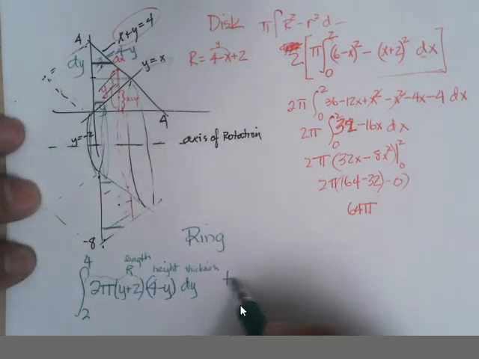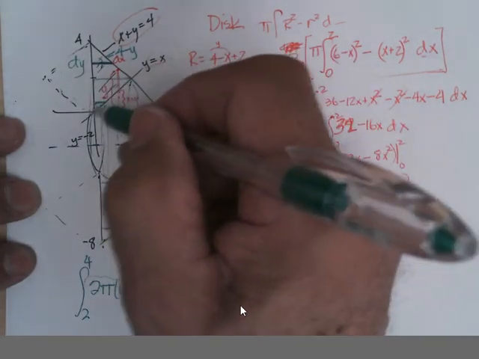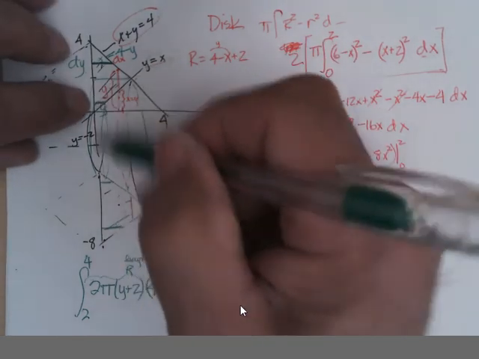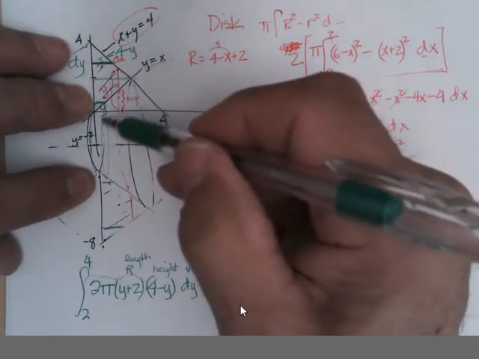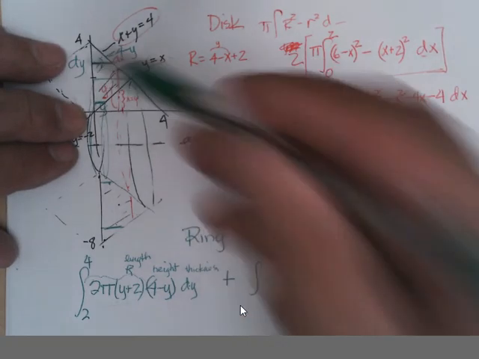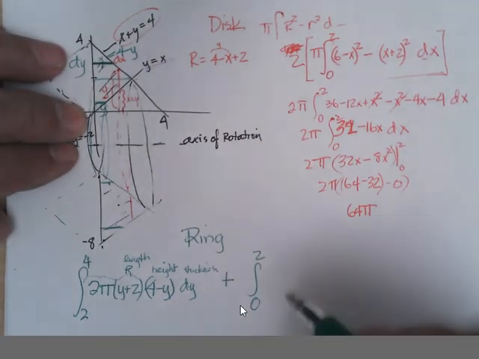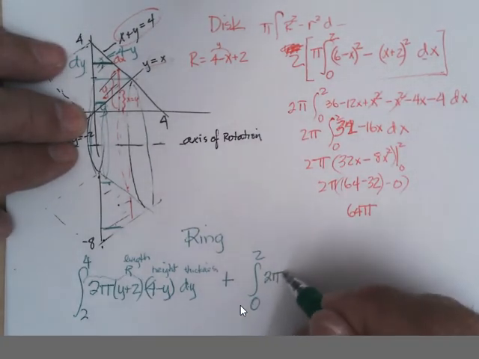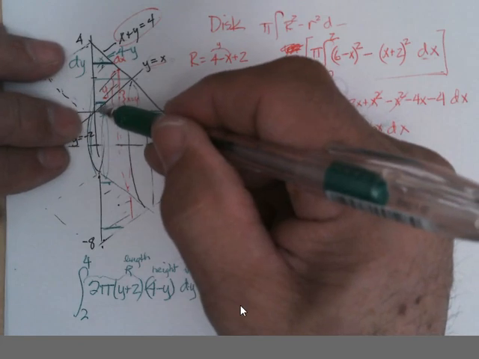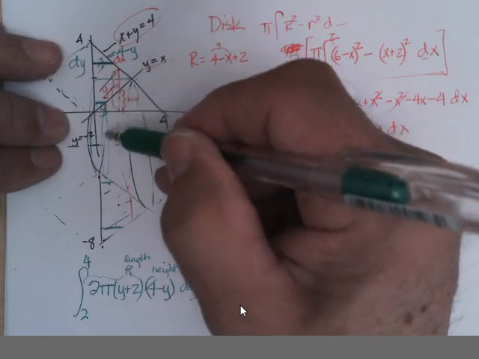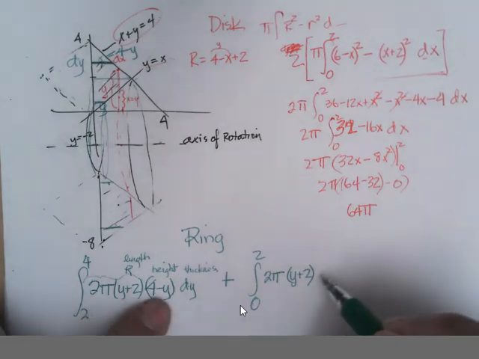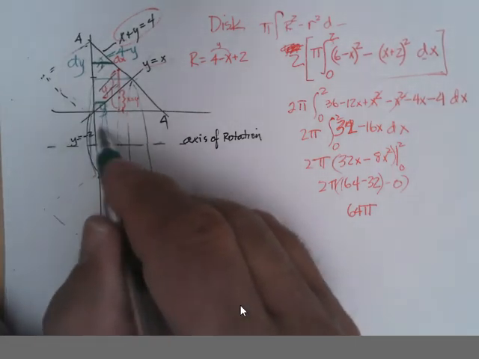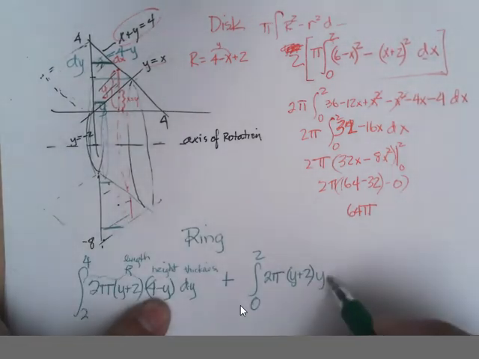Then we have to do the inside part, which is this ring, now the y is going to go from 0 to 2, of 2 pi, the radius on this is still y plus 2, and the height of it now is just y dy.